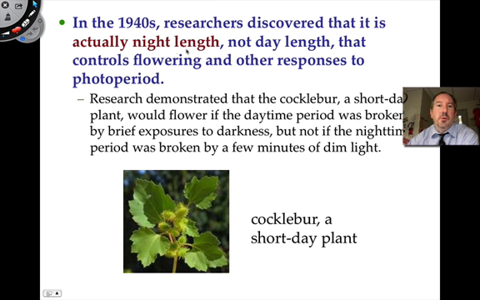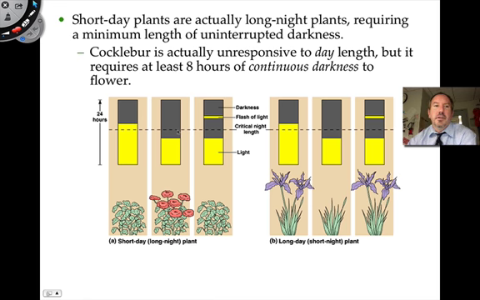So those short day plants actually flower because of a long night, and those long day plants actually flower because it's a short night. And so it's not the day length, it's the night length that causes photoperiodism, or flowering in plants.